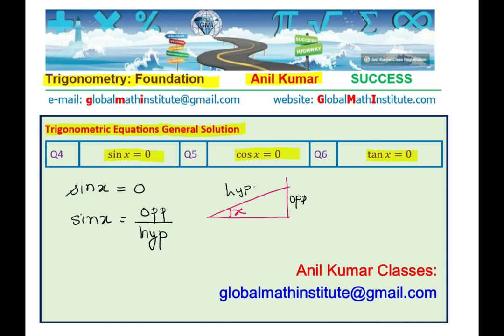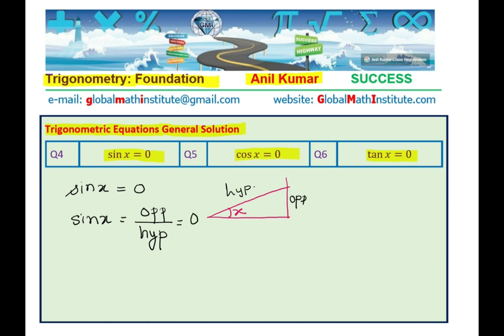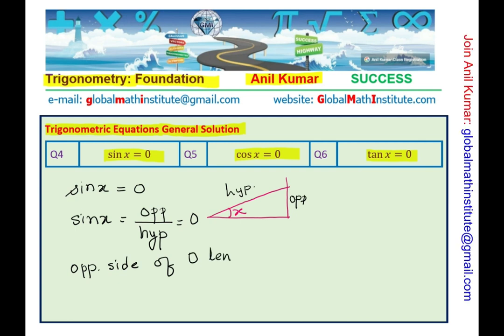For the sine ratio to be 0, the opposite side should be 0, right? So if this is equal to 0, that means opposite side of 0 length. And that is only possible if I reduce this angle to 0 itself, right?